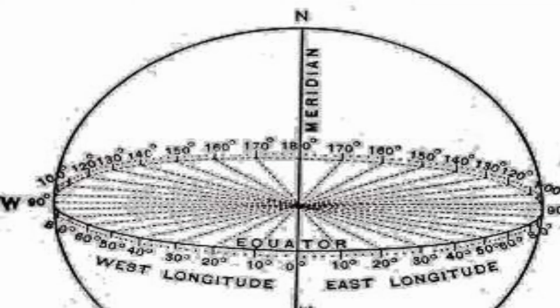Now these longitudes, you notice the main one is your standing line, the meridian, the 0-degree longitude or the prime meridian. And all the others are longitudes measured east or west of the prime meridian.